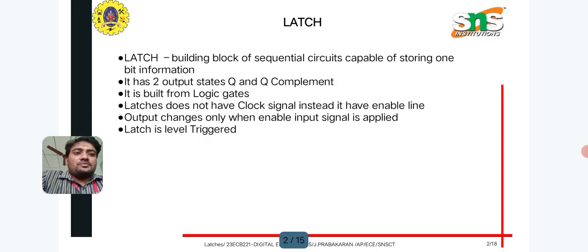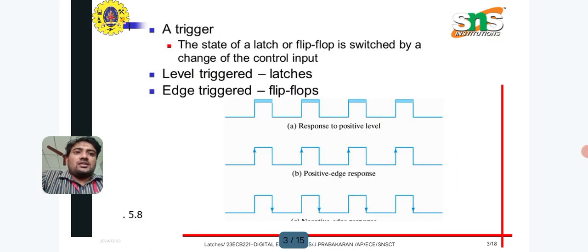And then latches are level triggered devices. Why? Because their output depends on the state of the input signal as long as the enable, which means the control signal, remains active, high or low, depending on the latch design.